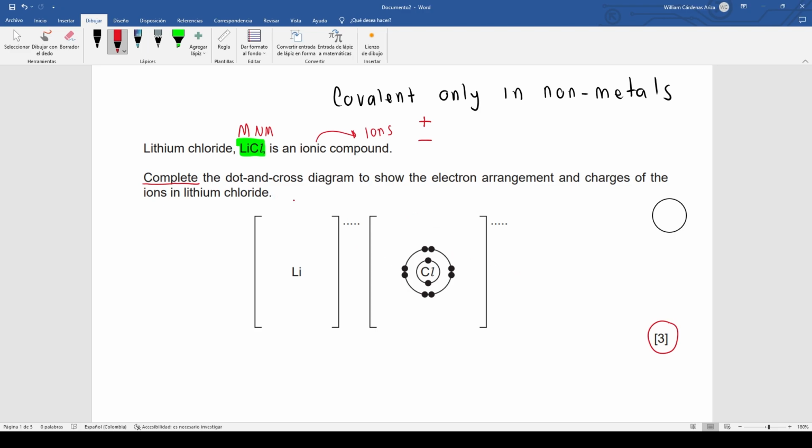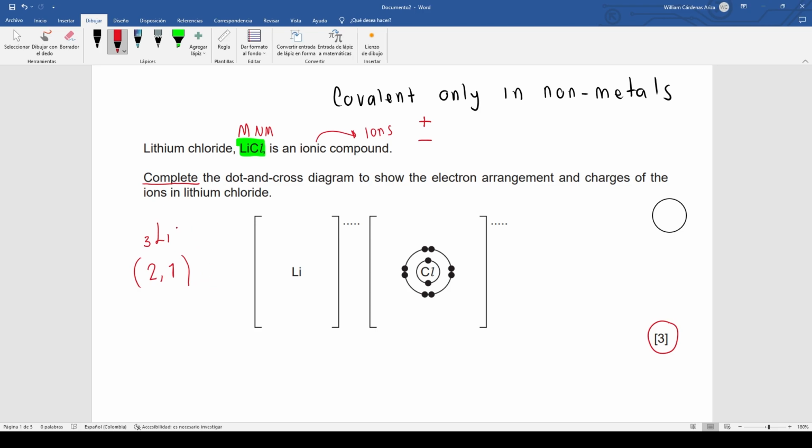If you have to complete something here, we know that lithium is the metal, and let's try to do the electron configuration, knowing that lithium has an atomic number of 3. So the electron configuration for the IGCSE is going to be 2, 1. So it means that it could have 2 shells.